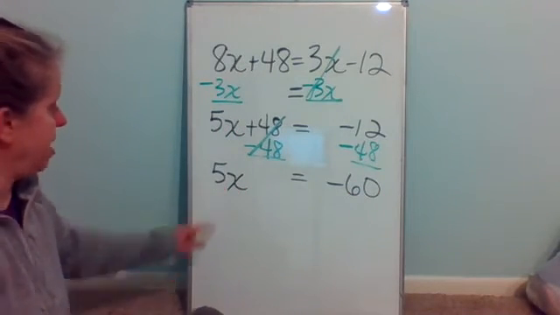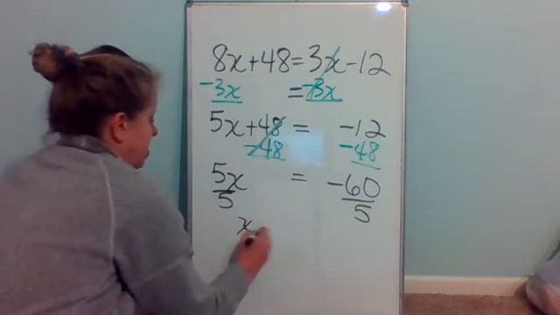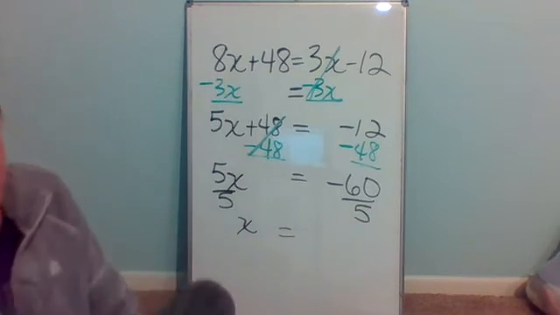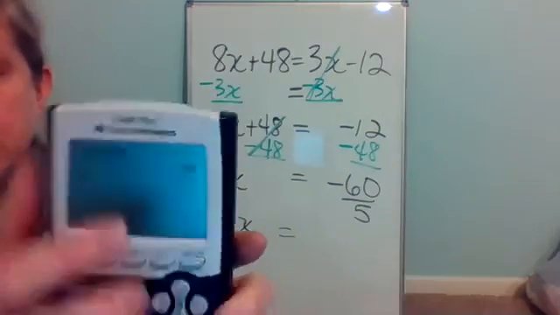And then the 5 that's hooked on, you'll divide by it. So dividing both sides by 5. Again, if you did that last part in your calculator, you have the negative 60 already there.